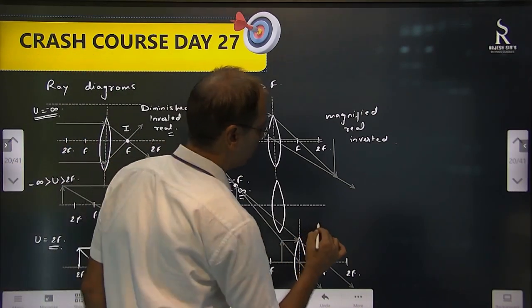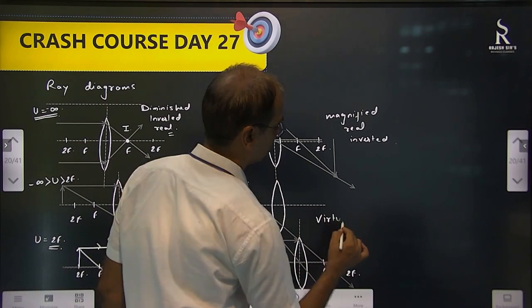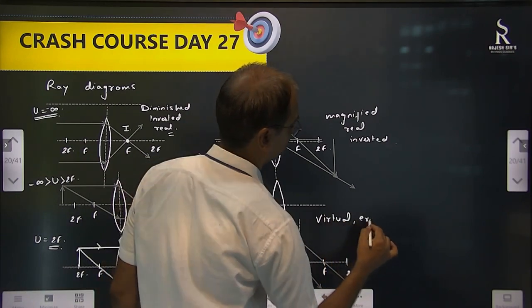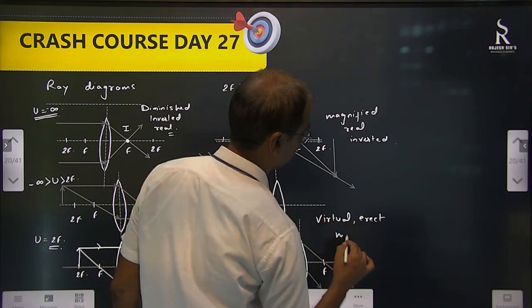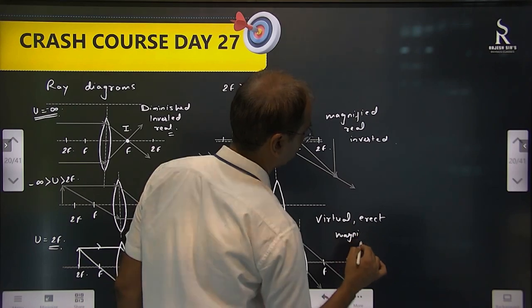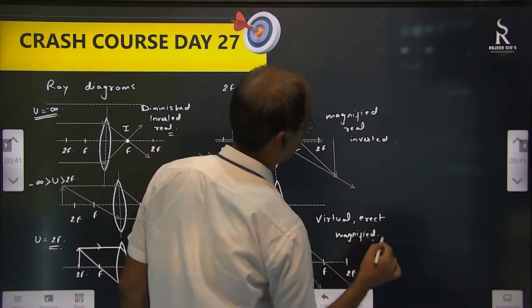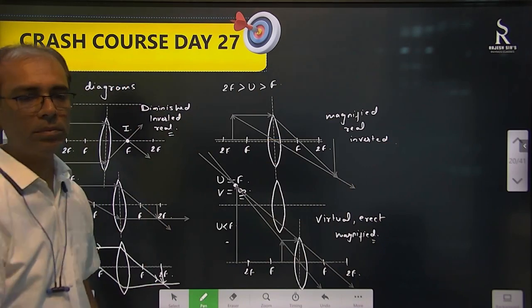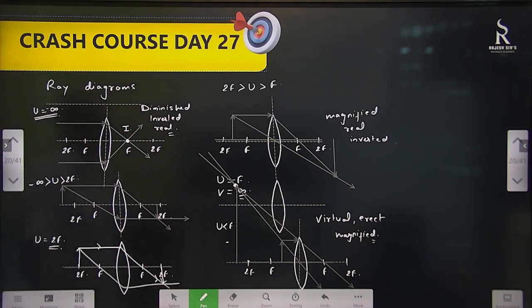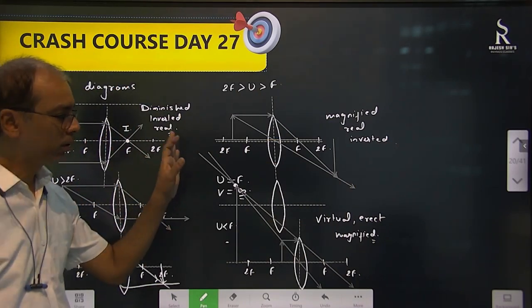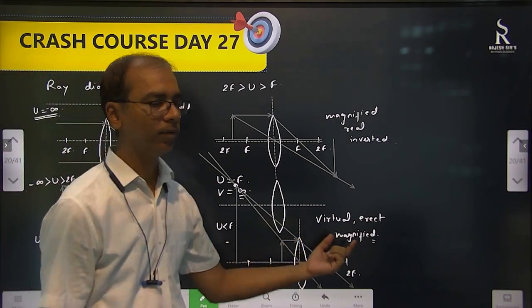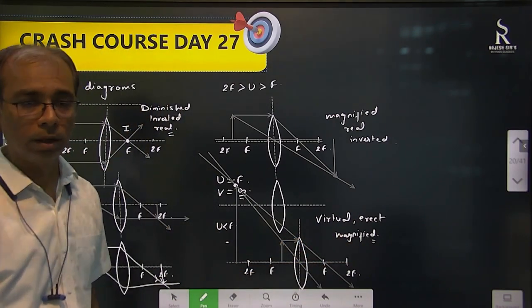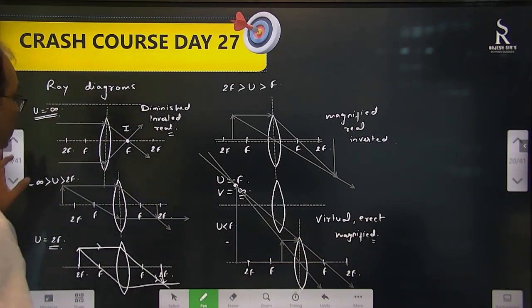Okay, virtual, erect, magnified. So this we will remember. When we are talking about real images, you are getting diminished images also and magnified images also. But when we are talking about virtual images, it is only magnified. Clear? Okay. This is the ray diagram.